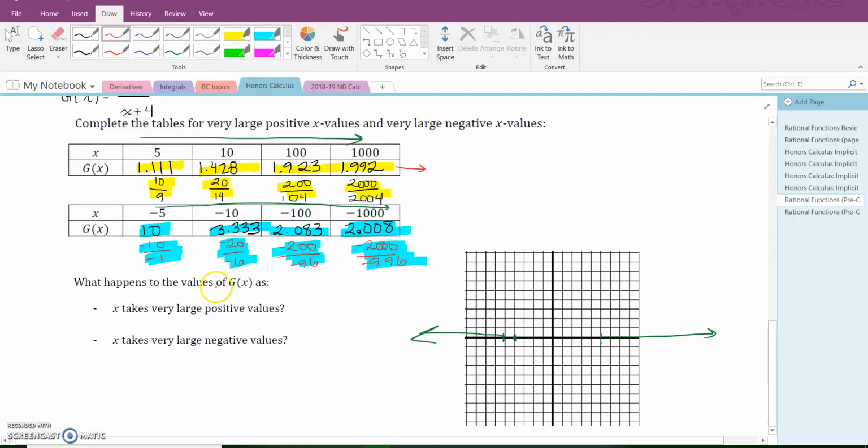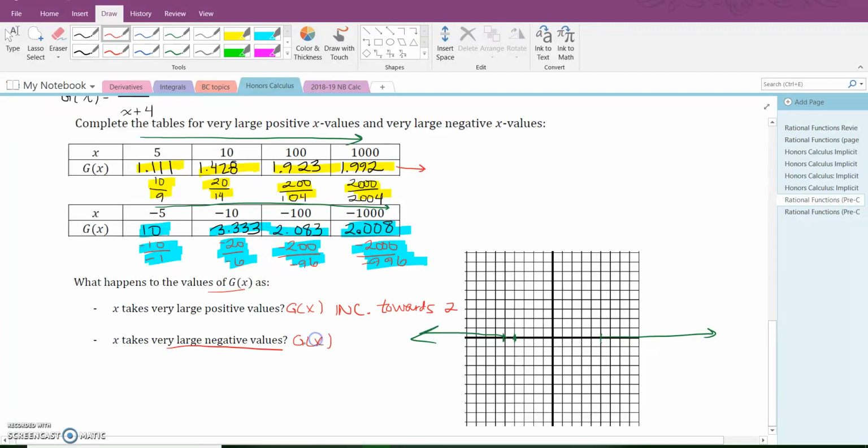So as x changes, what happens to the values of g? As x takes on very large positive values, g of x increases towards 2. So the numbers are getting bigger. Here, as we get to very large negative values, our y values are actually decreasing.